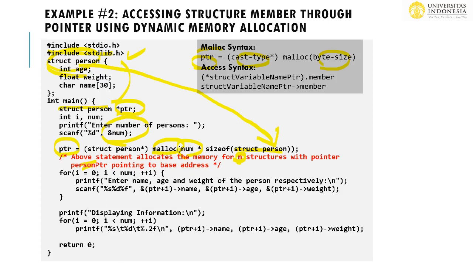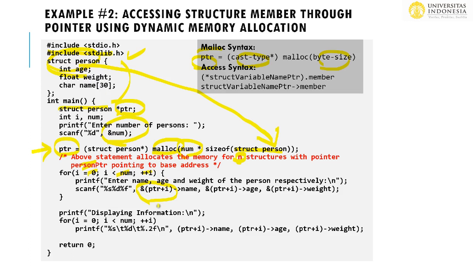Okay, so the first address of the structure is located in this pointer. After that you can shift the address of those structures by one, and you can see this is how to print it and also to scan it, to input it, by adding or shifting one by one, starting from 0 to number minus 1, increasing by 1.